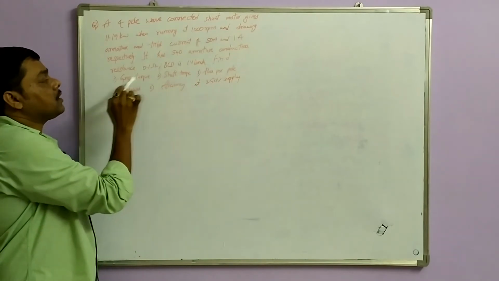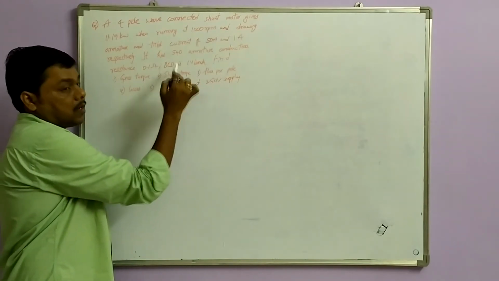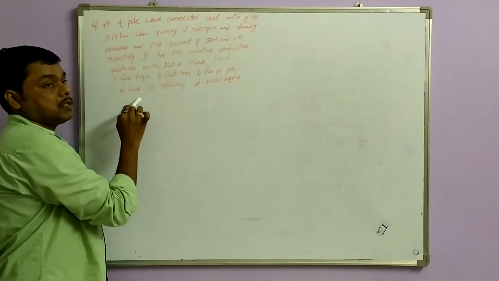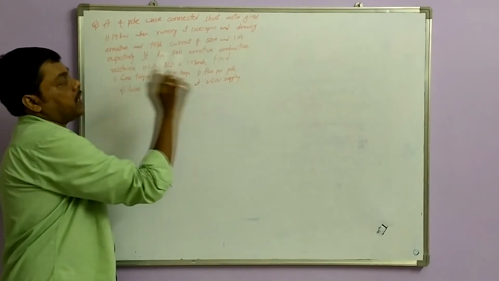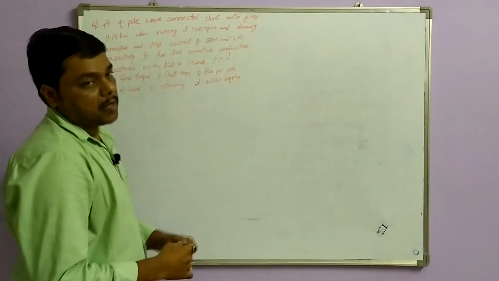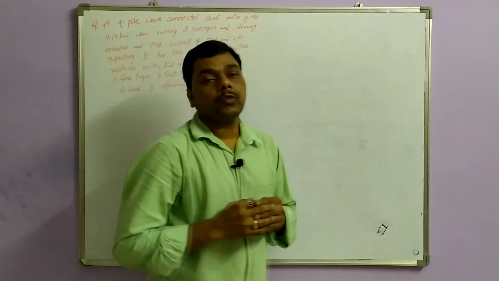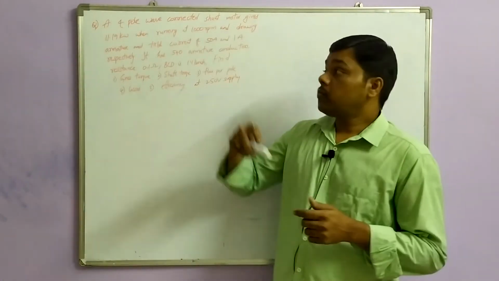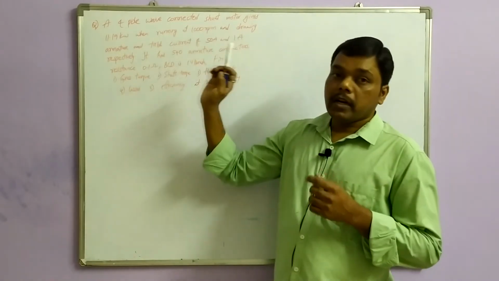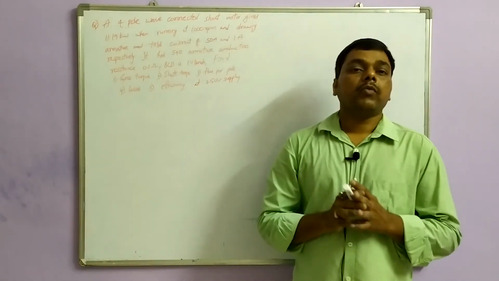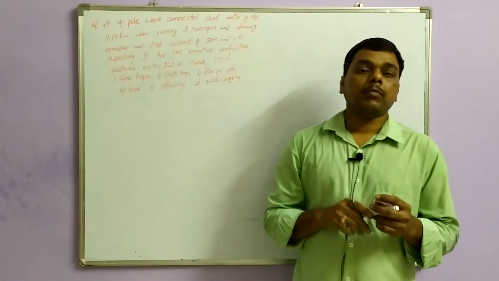So find gross torque, shaft torque, flux per pole, losses, efficiency at 250 volts supply. Now the input voltage is 250 volts and the number of poles is 4 and it is connected in wave winding. We know that in wave winding we have only 2 parallel paths.